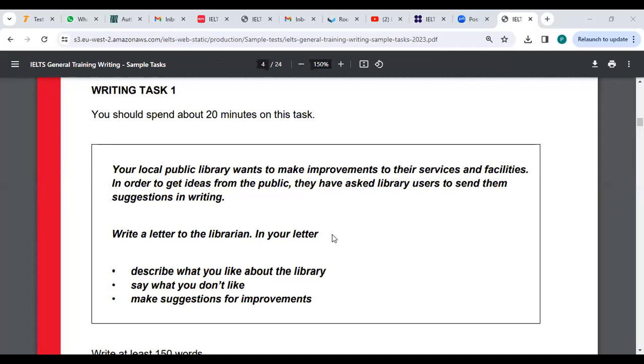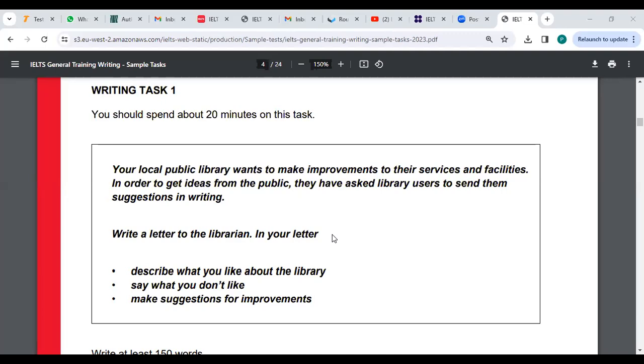Writing task 1. You should spend about 20 minutes on this task. Your local public library wants to make improvements to their services and facilities. In order to get ideas from the public, they have asked library users to send them suggestions in writing. Write a letter to a librarian. In your letter, describe what you like about the library.